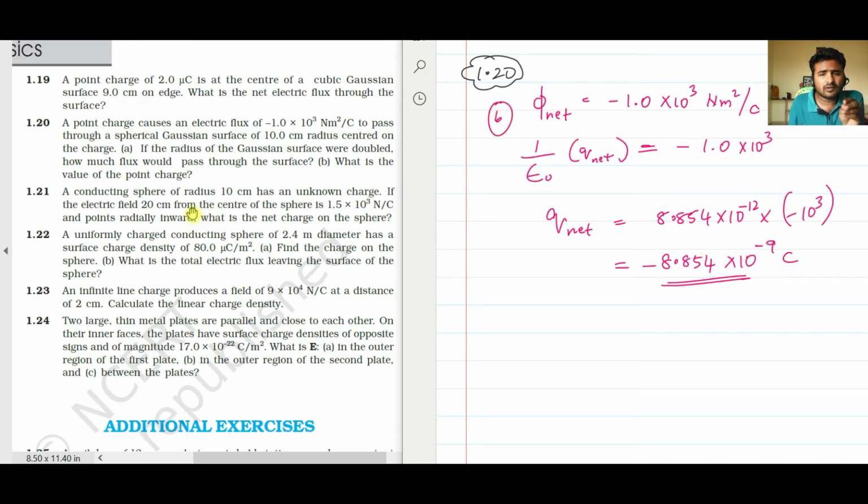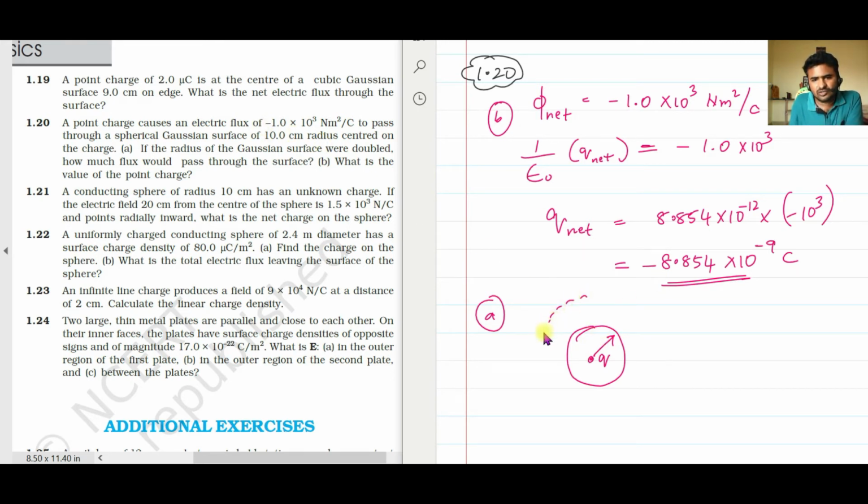So sub question B we found out first, and I'll tell you the reason behind that. What is the value of the point charge? We got this. Now sub question A: suppose the radius is doubled. Initially this was the charge that was present. Let us say this was the Gaussian sphere that we have initially. The radius is 10 centimeter.